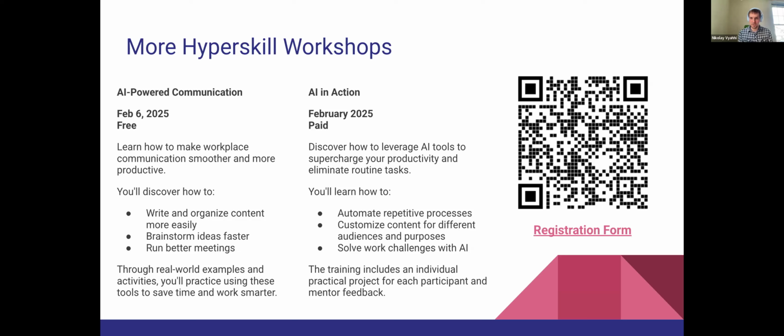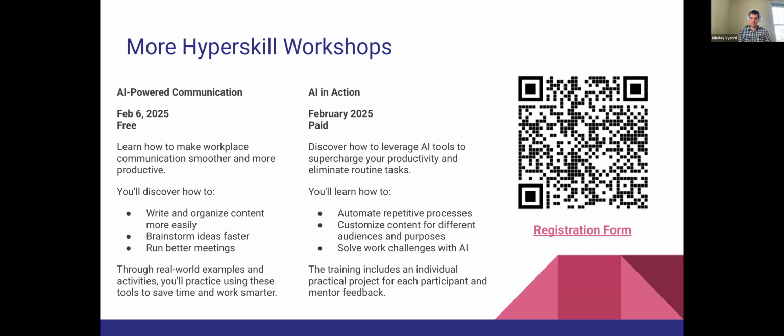Are there any technical events on AI planned? We are thinking about it. At Hyperskill we have lots of technical expertise on AI, like how to use AI in products and code, and how to build products with AI, like agentic systems, and so on. We may have some events on this later on.